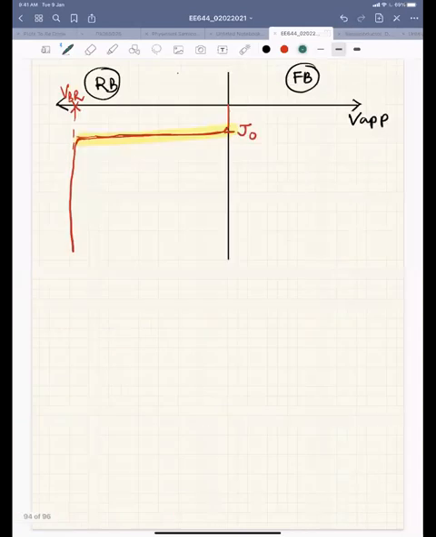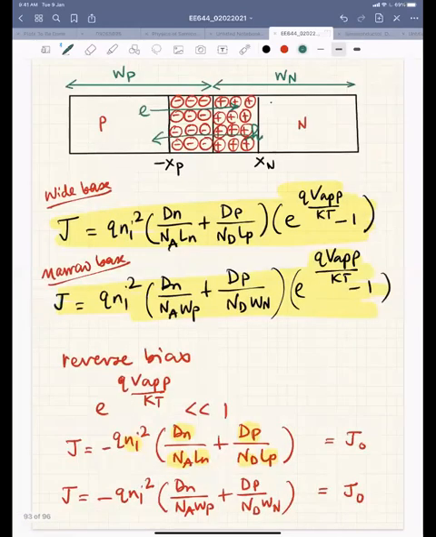But when they're drifting through the depletion region, there is a possibility of generation, so we'll discuss this generation process.